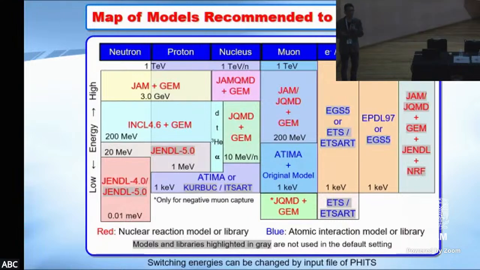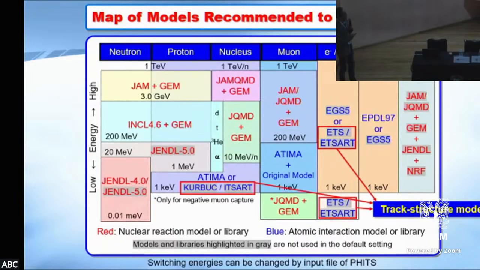Some of the models we developed ourselves, and some models we imported from other laboratories. An important point here is that we also introduced track structure models for electrons and also ions, all kinds of ions. So this is one important point of the PHITS code. It's not only condensed history, but also the track structure method.